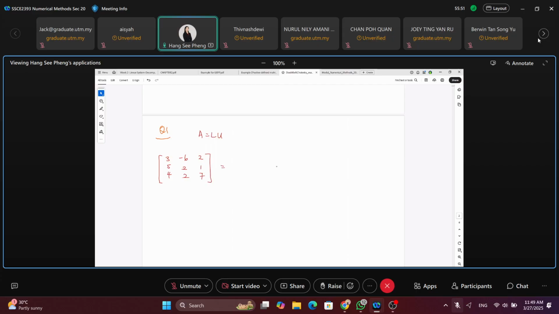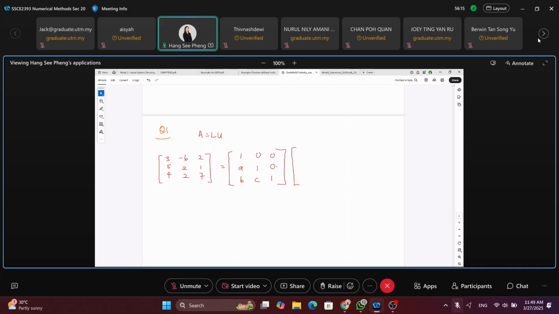Equals to L. Now L is the lower triangular matrix. For Doolittle, you have to let the diagonal of the matrix L be 1. And then here it will be 0. We still don't know what A, B, and C are based on this matrix, so just put them as unknowns.